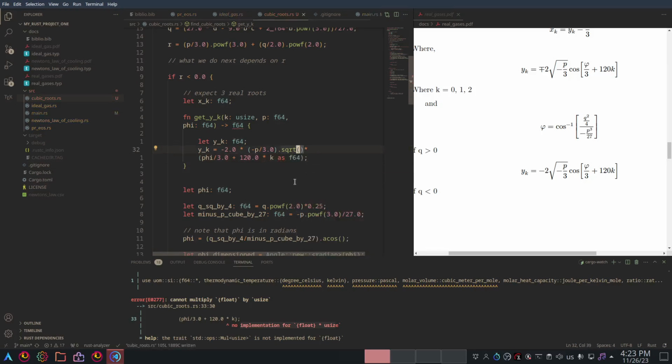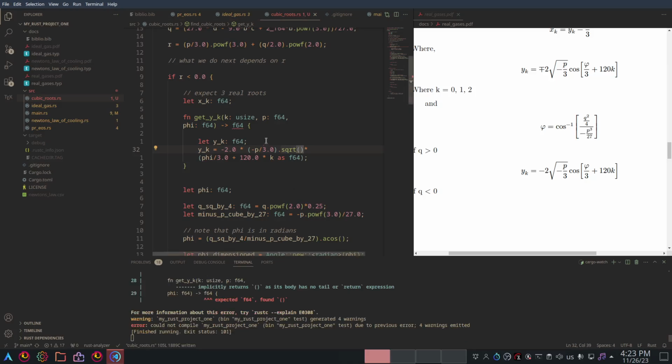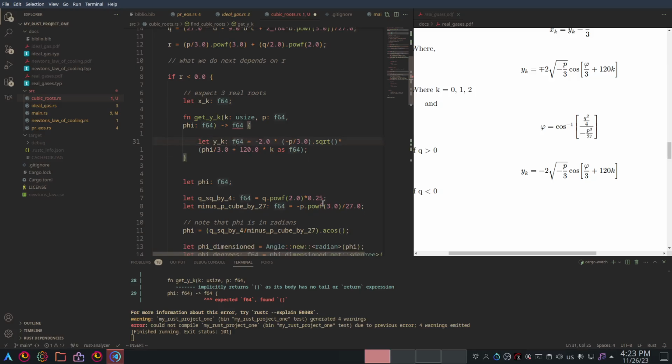So I'll put k as f64 over here. This is how I convert my usize into an f64, because it's pretty easy to do so. It's a primitive conversion. And to shorten this code, I will just delete this line. I just want the yk equals to all of this formula over here.